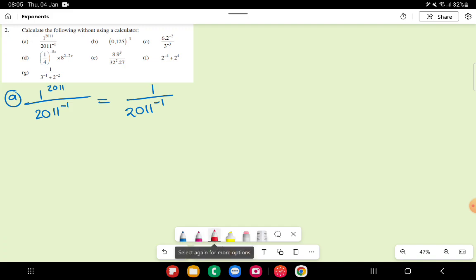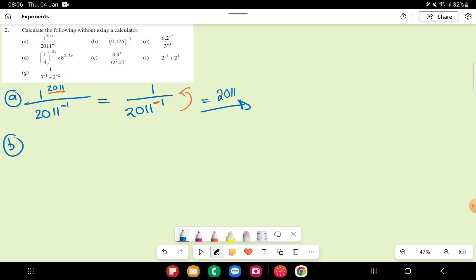So what we did here was we dealt with this exponent. Now we're going to deal with this negative exponent. And negative means go home or go to the other side, which means that we're going to have 2011 to the power of 1, which is just 2011.